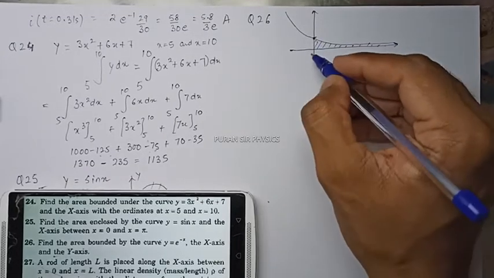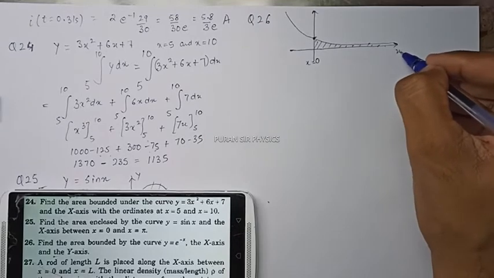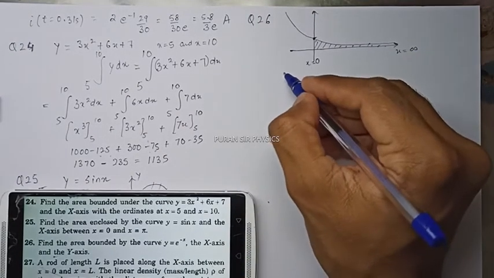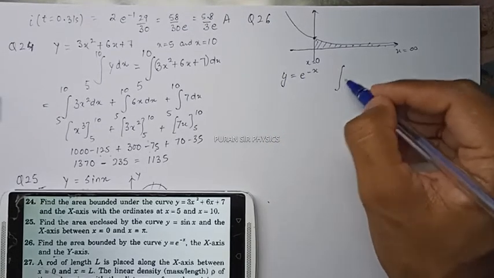So the limit x varies from 0 to infinity. So y is given as e raised to power minus x, and we have to find the area.